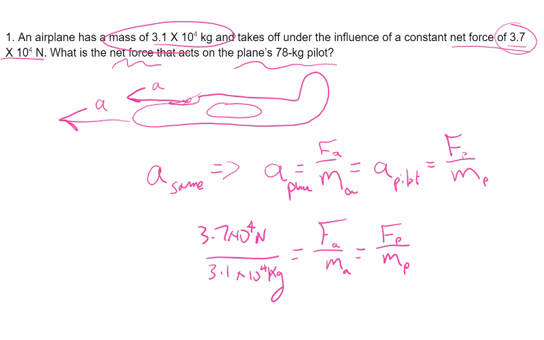And so we could actually set that up. And then over here, we'd have the force on the pilot, which is what we're trying to find, and then the mass of the pilot, which is 78 kilograms. So just do it as a ratio. You could actually find the acceleration of the plane, and that would be the same as the acceleration of the pilot, but I think you could just set them up as ratios. Hope that helps.